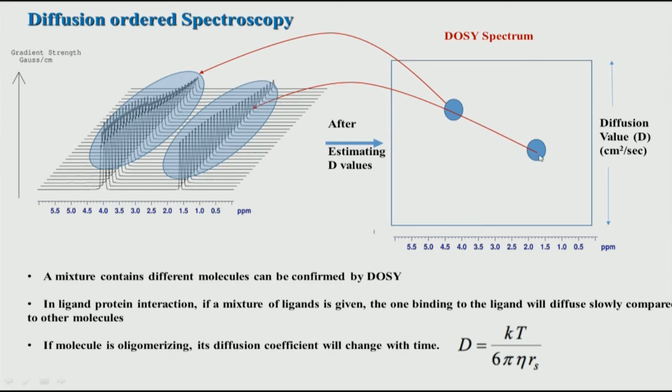Or you can also do it for equilibrium. You do not have to do it as a kinetics experiment. You can also record slowly, and at each stage of oligomerization the D values will change, and a shift in the signal will be noticed.